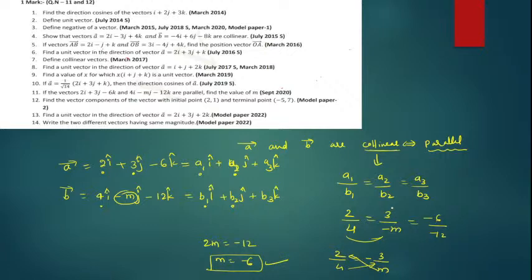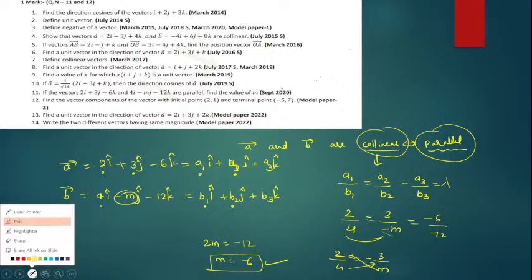Or you can compare these two also, or these two also, and you will get your required value of m. Remember, the two vectors are said to be parallel if this condition holds good, and the two vectors are said to be collinear with this same condition. Both are the same. I hope you got the point.